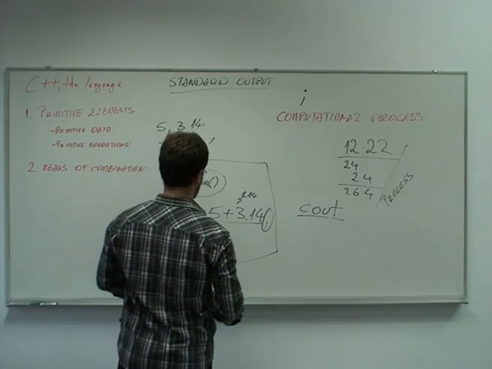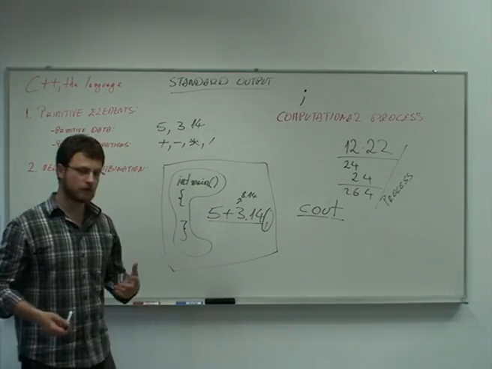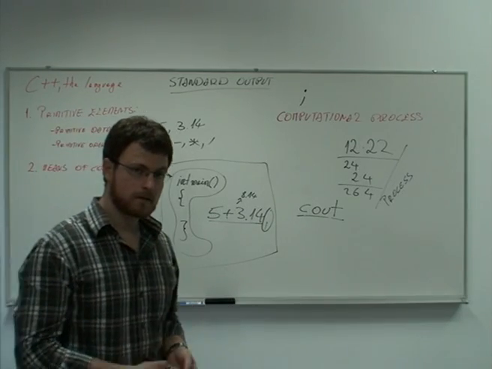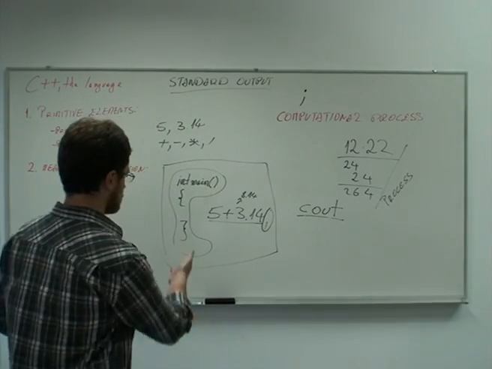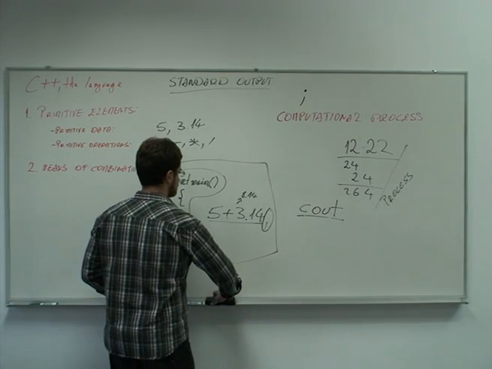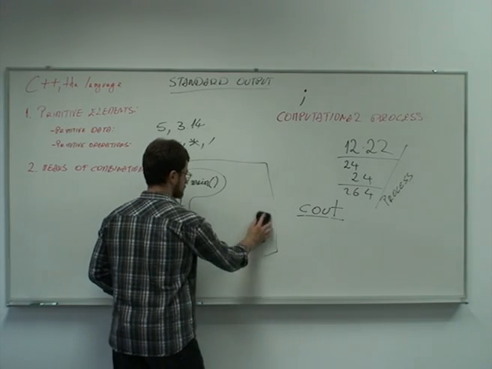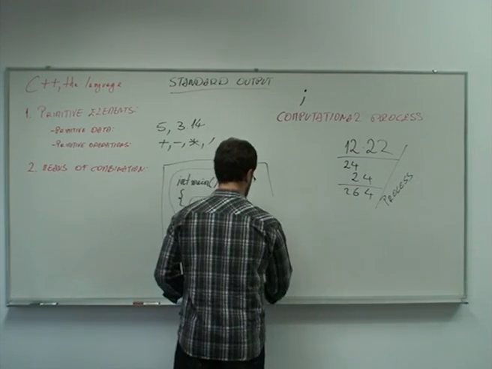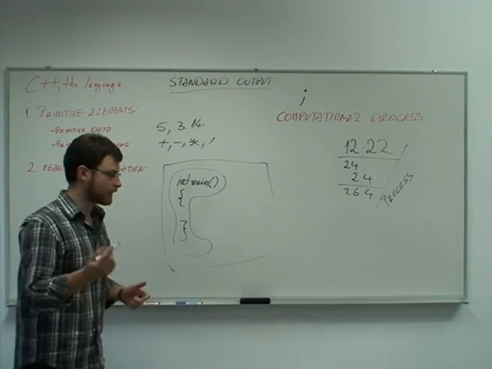So, let's rewrite this program in a way that will make it possible for it to print out the result of this here statement. And we're going to do that using the cout magical word, like this.